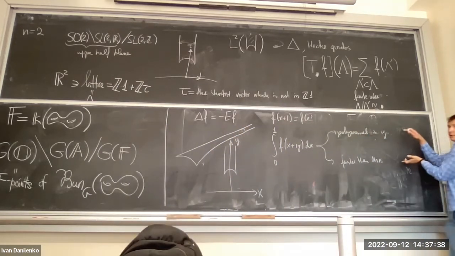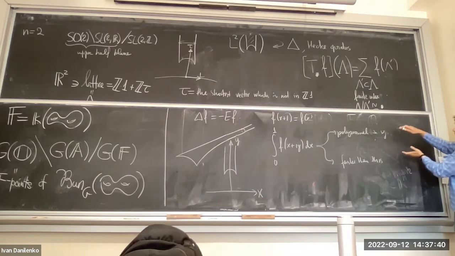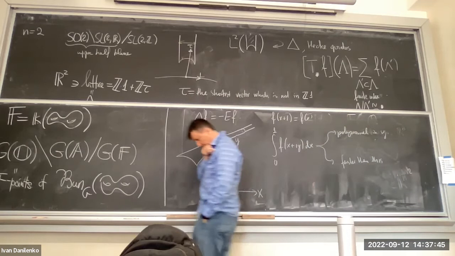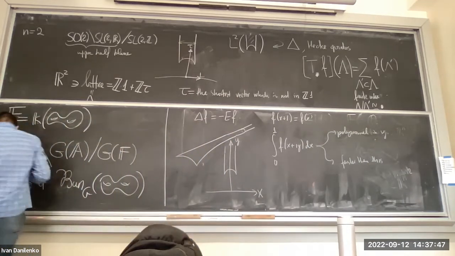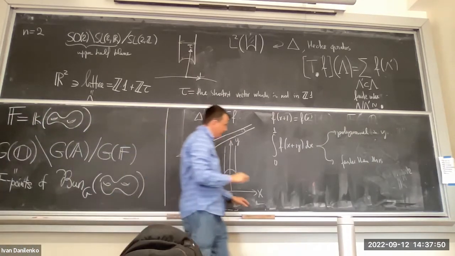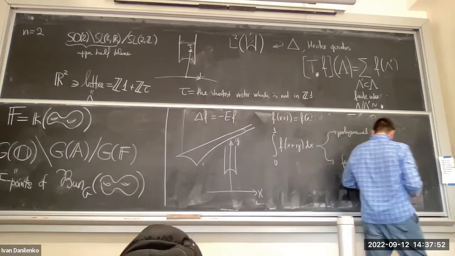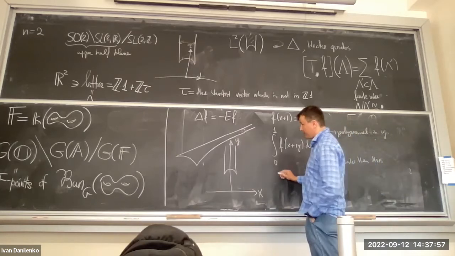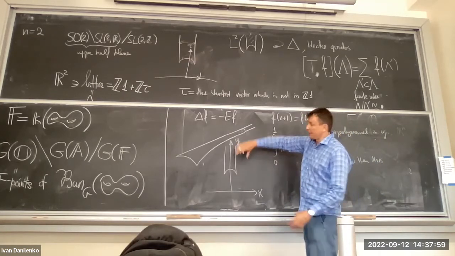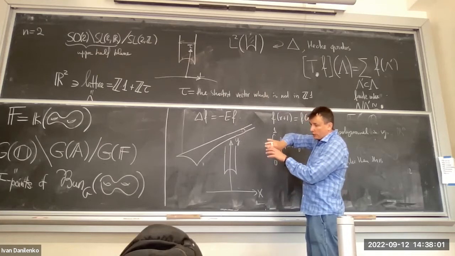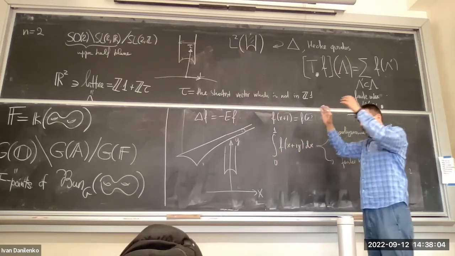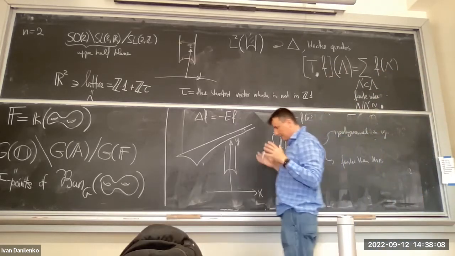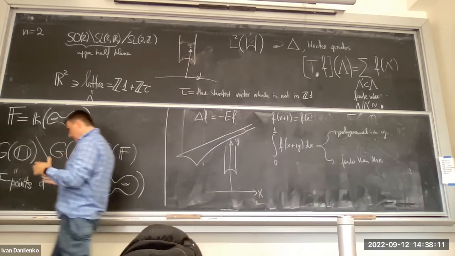So this dichotomy tells me that in general, if I look at the space of lattices, the points of infinity in the space of lattices, how can a lattice rapidly change?